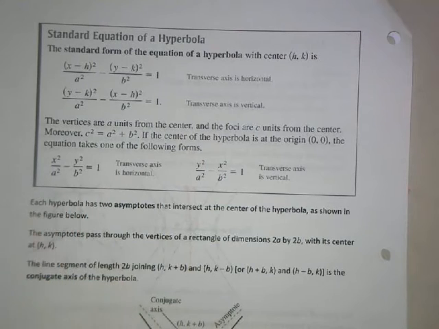If your transverse axis is up and down, then you have an up and down branch, parabola-looking things. Okay? So that's the general stuff.